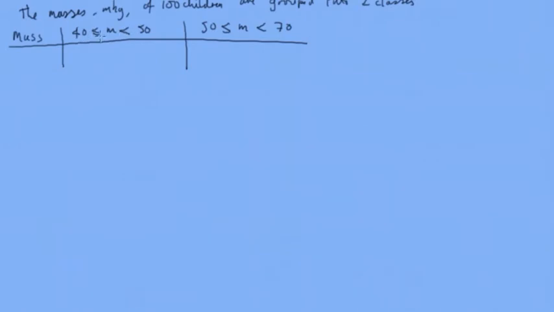The class width here is 10 kilograms, and in this one it's 20 kilograms. And then we've got the number of children, which is our frequency, F. So we've got 40 here, and we've got 60 here. So we want to illustrate this data on a histogram.